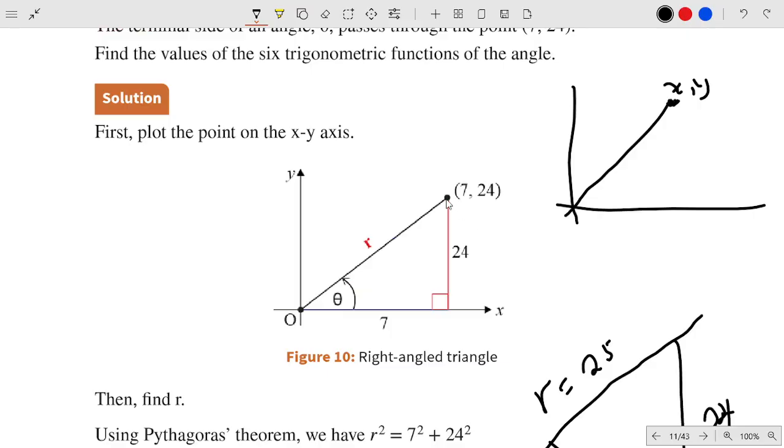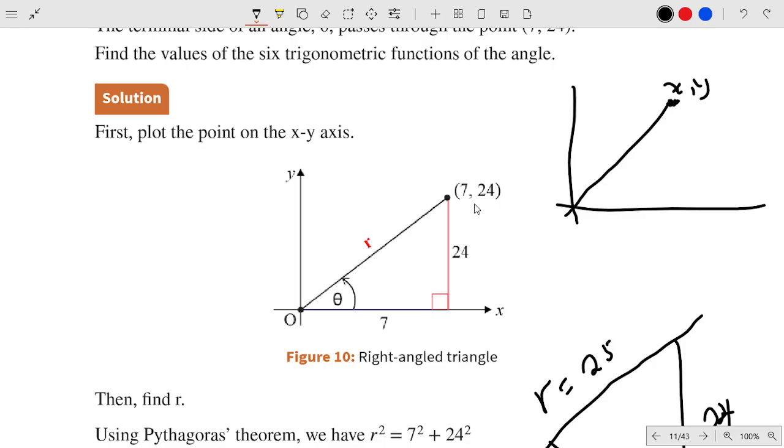So when a point is given like in this type of question, you should know where it falls. If this were, let's say, negative 7, negative 24, it would tell you where it falls. If it is negative negative, it is going to fall in the third quadrant. Now if it is negative 7 and positive 24, in which quadrant do we have the x coordinate negative and the y positive?